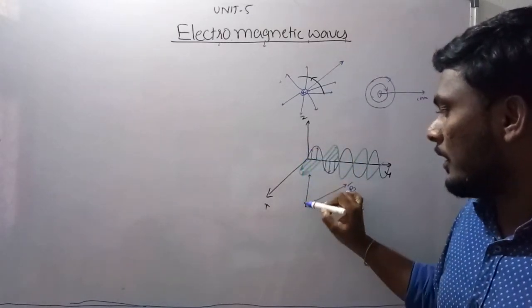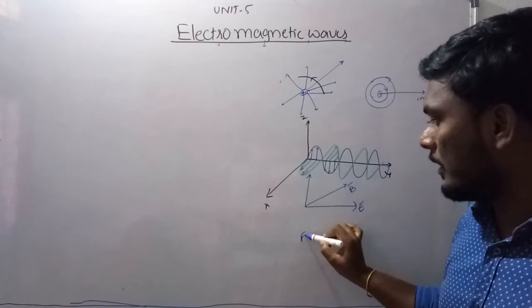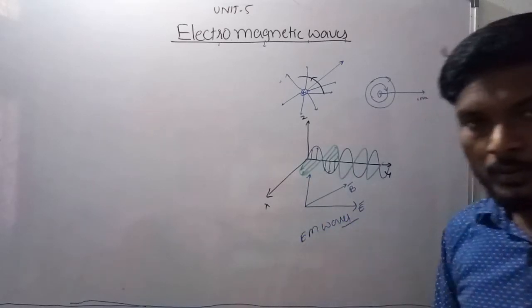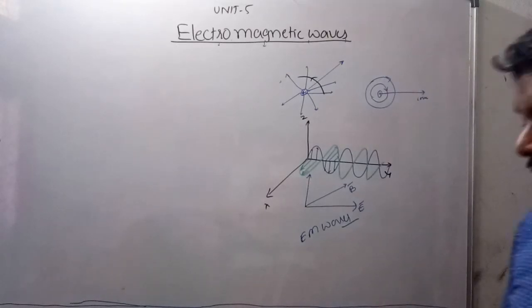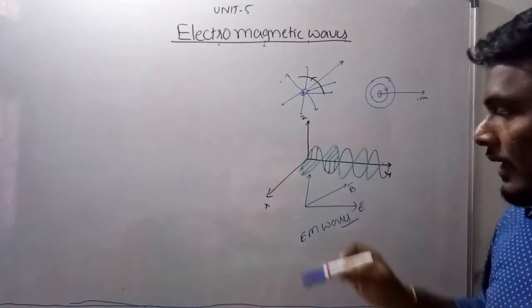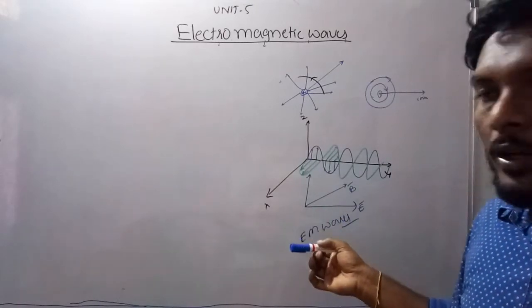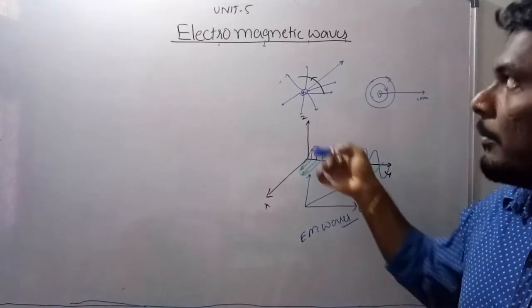This is the direction of the electromagnetic wave, or EM wave. So the direction of the electromagnetic wave is mutually perpendicular to the electric and magnetic fields.